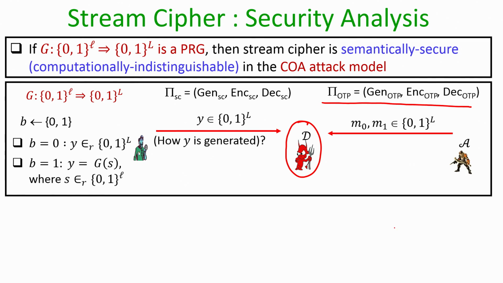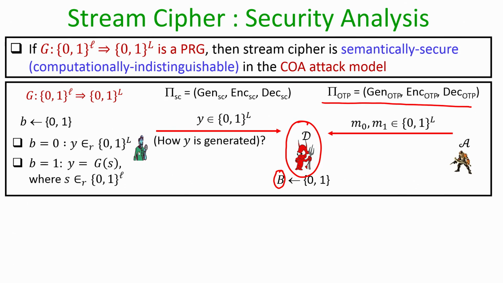As part of this experiment, the adversary A throws a pair of plain text messages M0 and M1 as per the choice of the adversary, and the distinguisher D has to randomly encrypt one of these two messages, either M0 or M1. So, it decides the index of the message, which I denote by capital B, and with probability 1 by 2 it could be either 0 or 1.